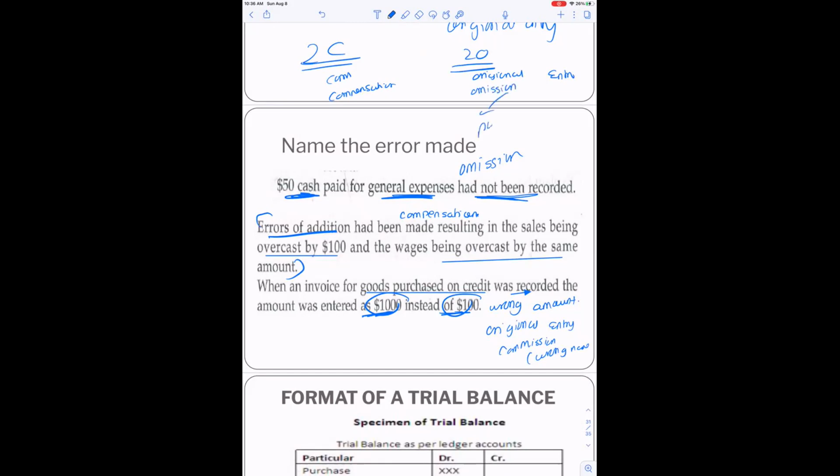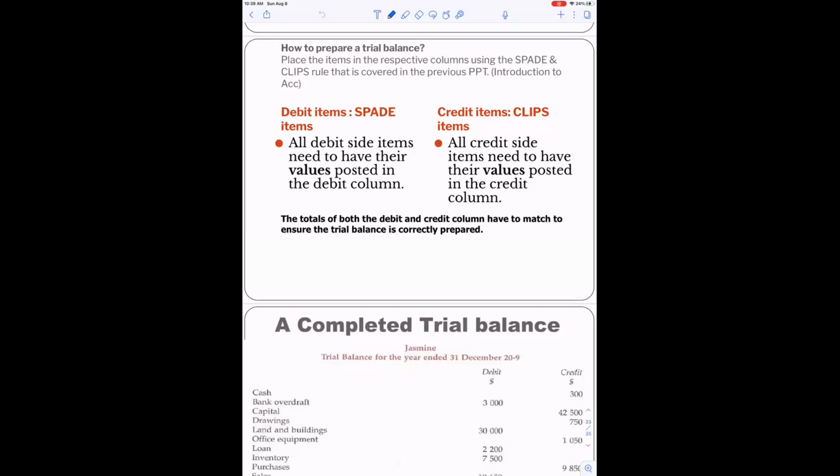Omission is partial or complete. So you know about the 2 C's and 2 O's of the errors that we've discussed. We've discussed only 4 errors. What are the 4 errors? Commission, compensation, omission, original entries.